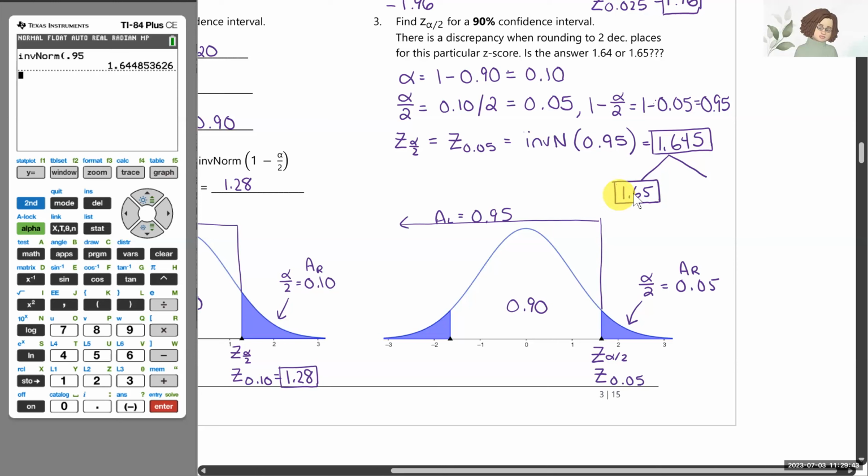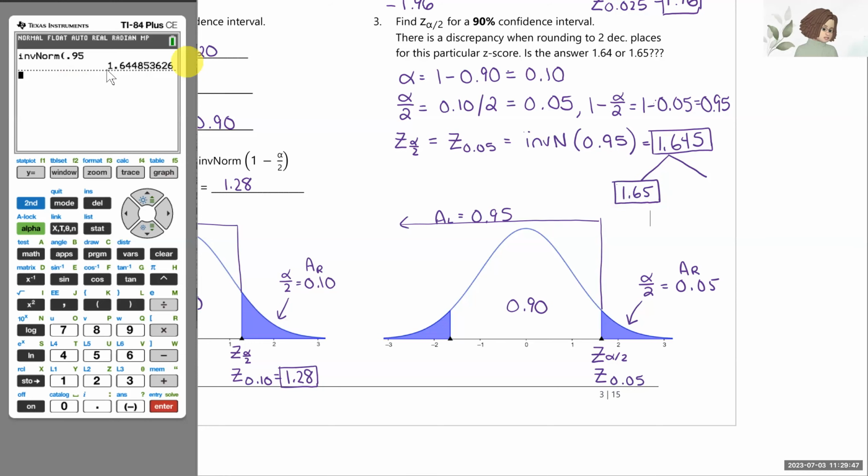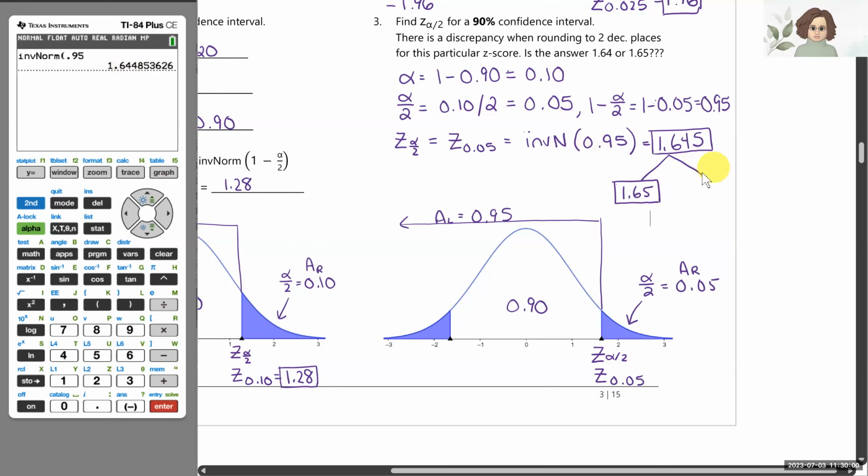The rounding discrepancy comes because since we have technology, if you look at my screen here, if I were looking at that number and somebody said round it to 2 places, it would be 1.64. So my other option over here, shouldn't it be 1.64?